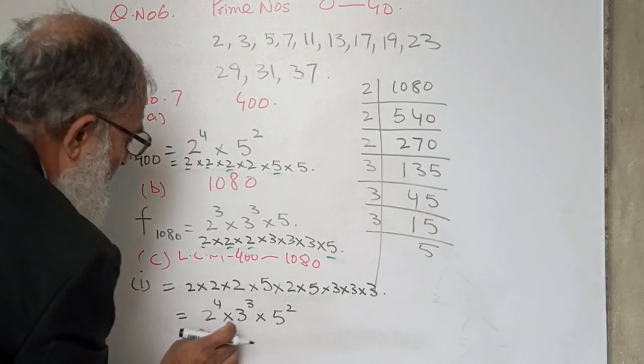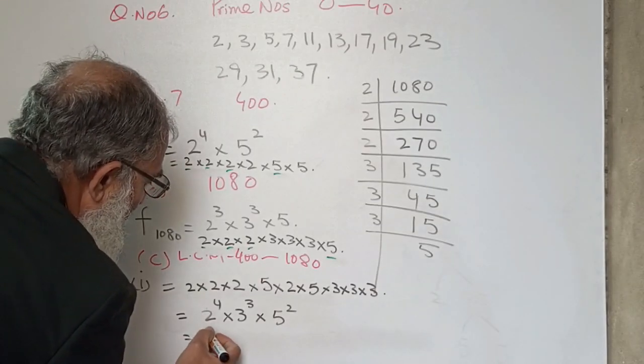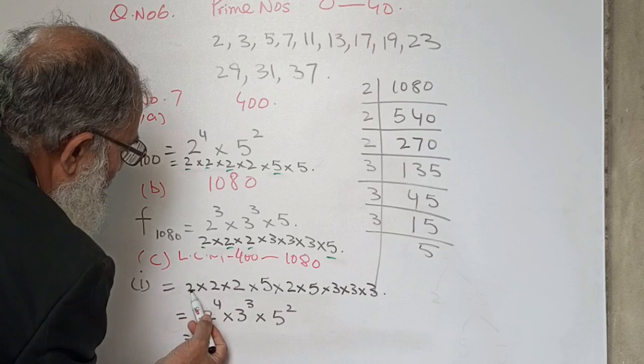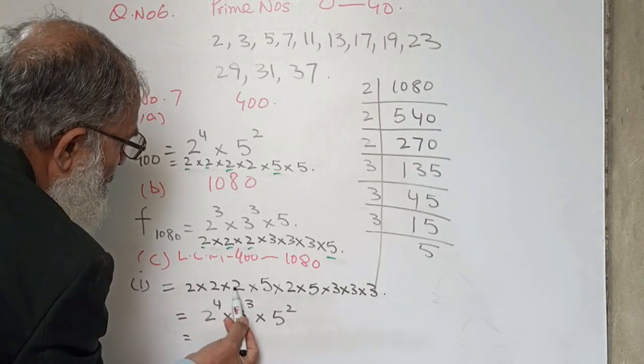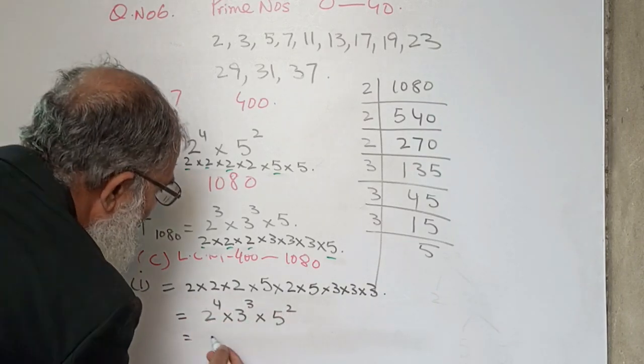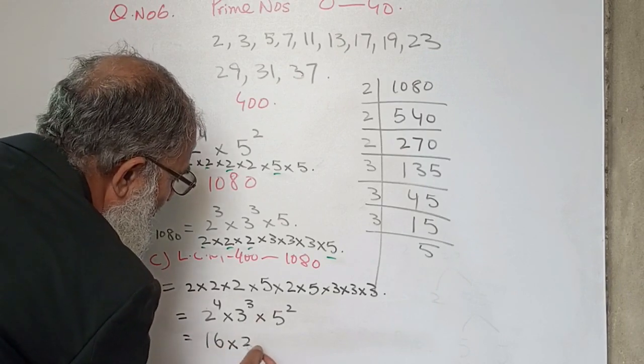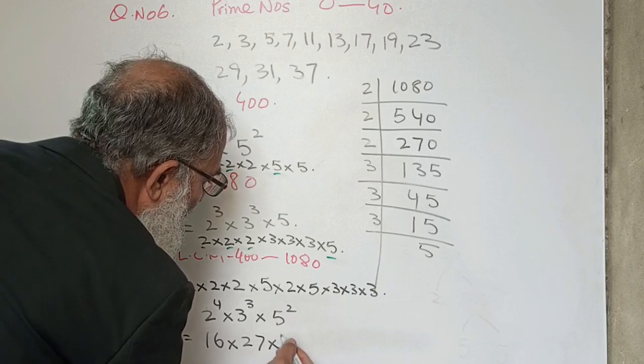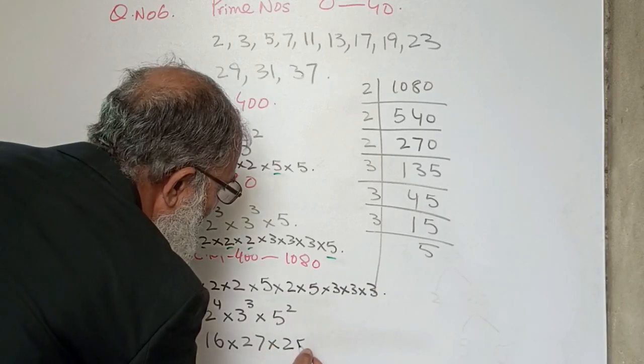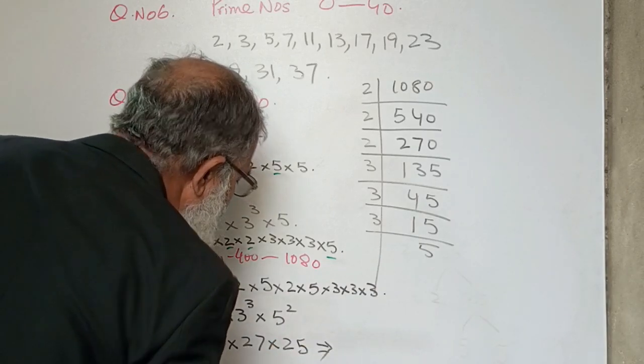Now we will write what it will become. 2 2's are 4, 4 2's are 8, and 8 2's are 16. Now it will become 16, it will become 27, and it will become 25. Now what will be the answer?